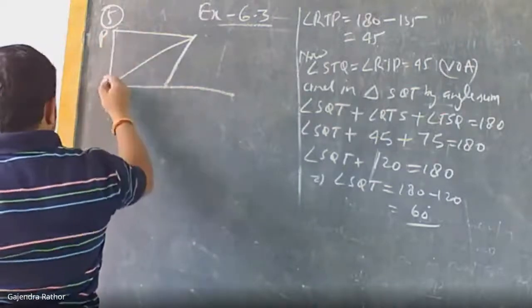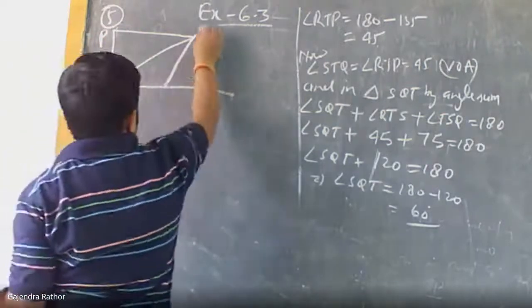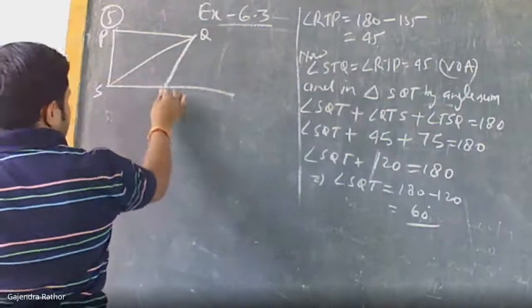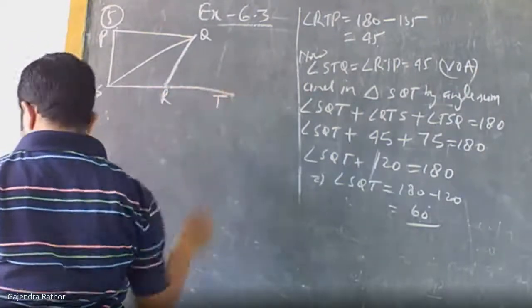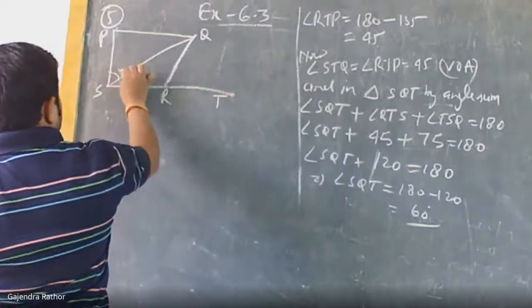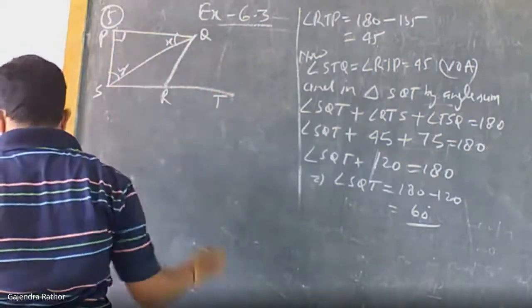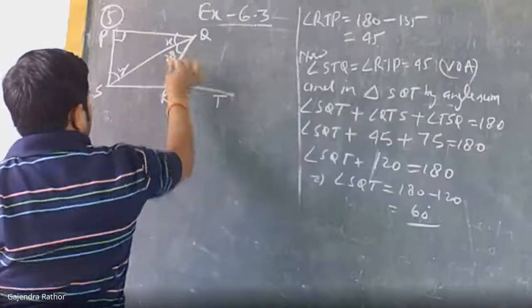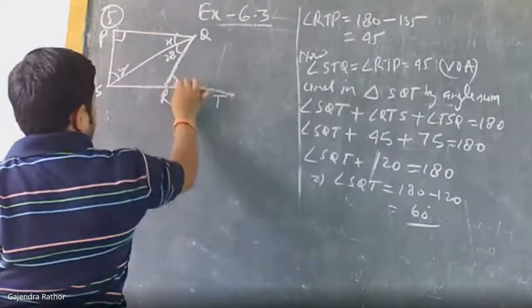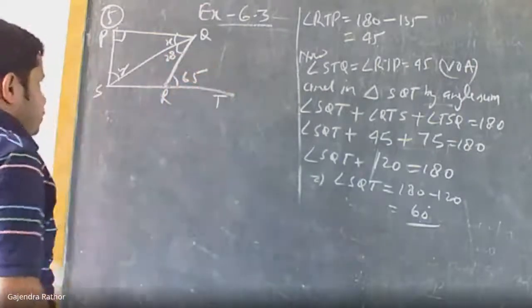This is P. This is Q. This is S. This is R, this is T, some values are given, this is Y, this is X, this is the right angle, this is 28 and this is 65.